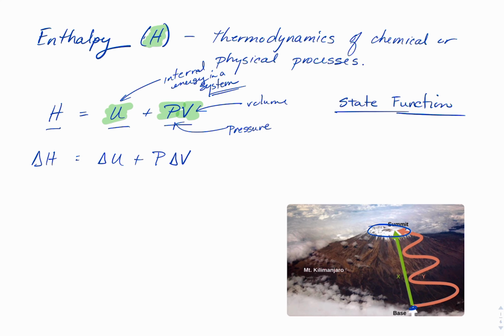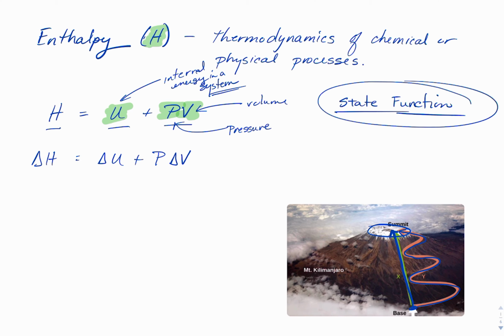You could start at the base camp and go in a single line directly up to the summit, or like most people, travel through a path of switchbacks to the top. One requires a longer distance to get to the summit, but at the end, the summit is still at the same altitude no matter how you got there. That is likened to a state function.